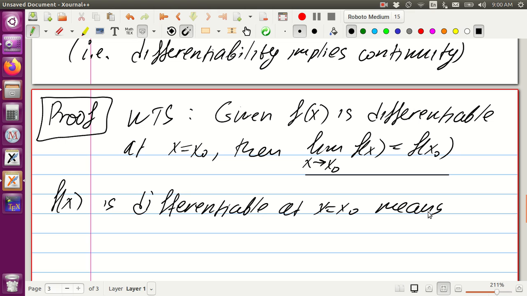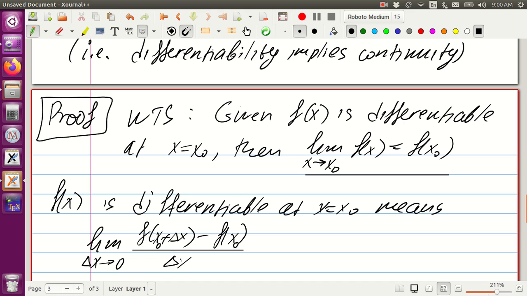It means that the limit as delta x goes to 0 of f of x sub 0 plus delta x minus f of x sub 0, divided by delta x, is equal to f prime at x sub 0, because we know the particular point. And this limit exists because our function is differentiable. We know that this limit exists.